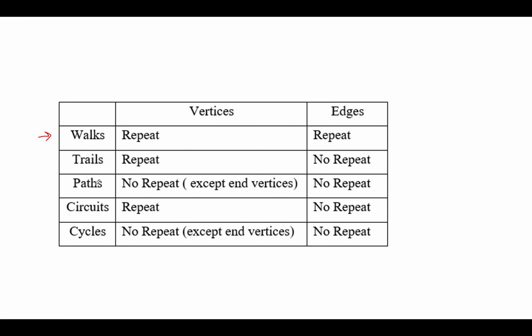A path has no repetition of either vertices or edges except the initial and terminal vertices. A circuit is when I can repeat the vertices but with no repetition of the edges, and a cycle is when we are not able to repeat either the vertices or the edges, except also for the initial and the terminal vertex.